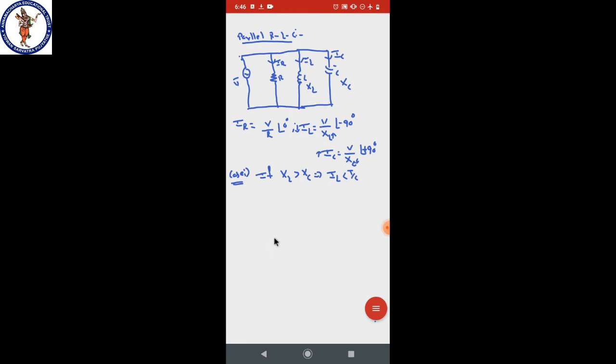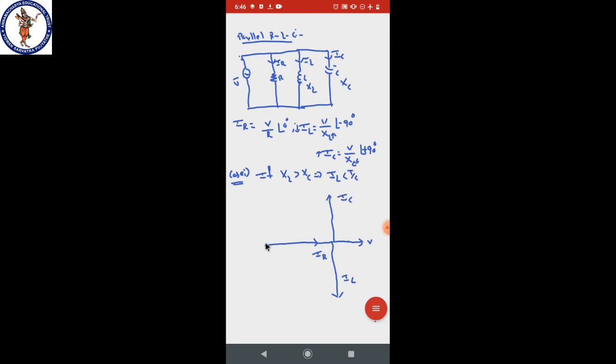Now I will take voltage as the reference. The IR current flows along it like that. This is the inductive current IL. This is the capacitive current IC.